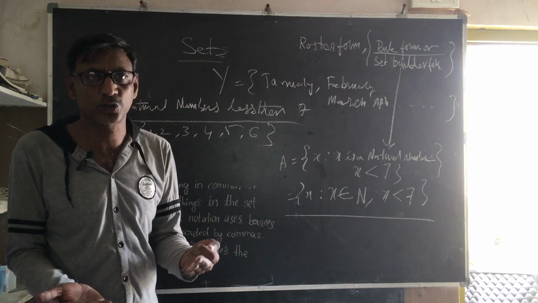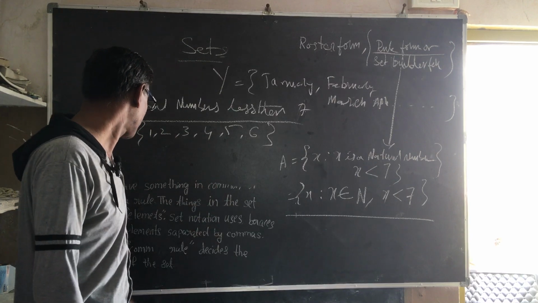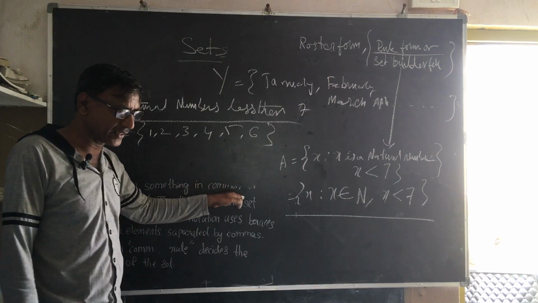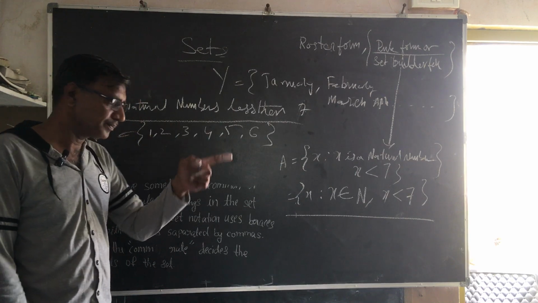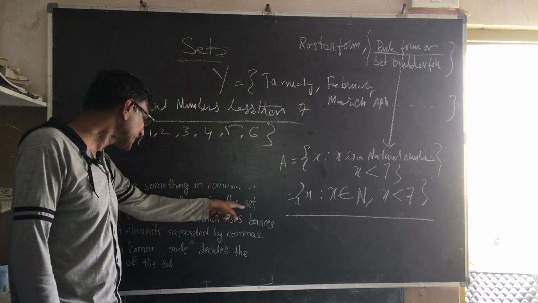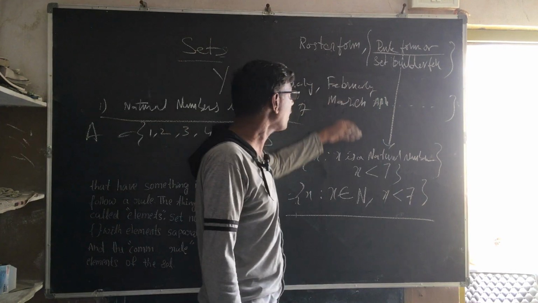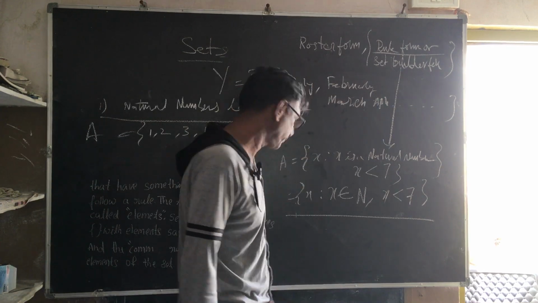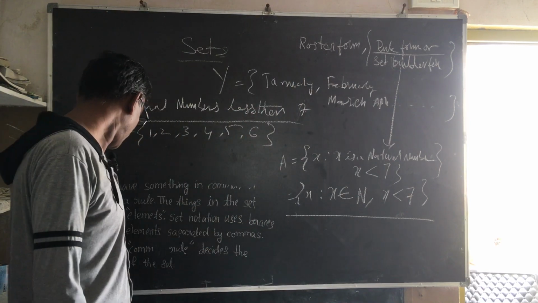Yes, it is a set. It gives a sense to understand what a set is. A set is a collection of things that have something in common and follow a rule. The things in the set are called the elements, very, very important. These are all my elements, separated by commas.